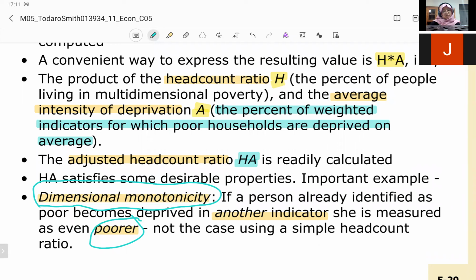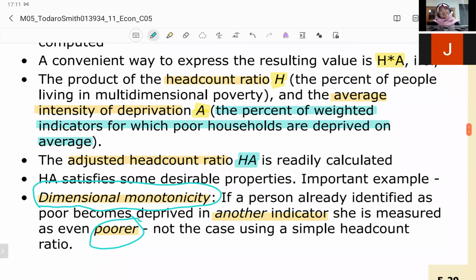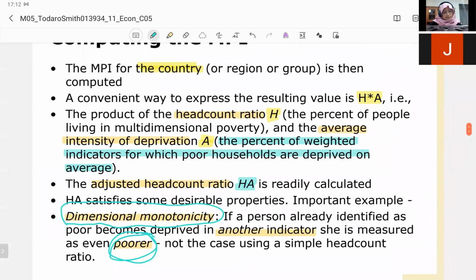With dimensional monotonicity, if someone is deprived in more than one indicator, and there are additional indicators that they are deprived in, then we can classify them as poorer, not just poor. So that's the characteristic of the adjusted headcount ratio. Okay.